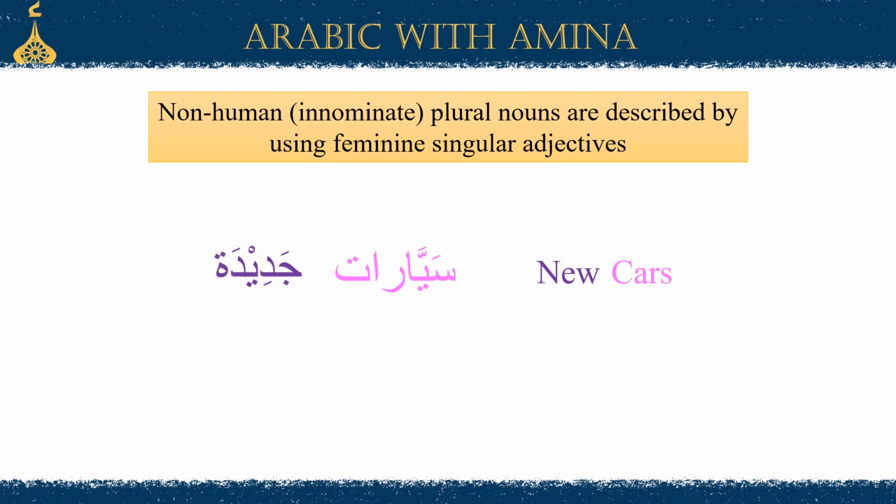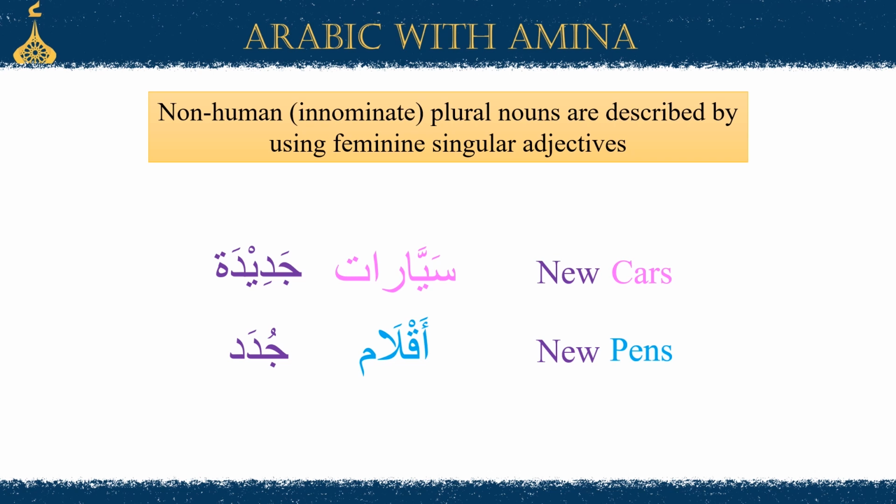Let's do another example just to make sure we've got this. We have pens, which are aqlam. And we're not going to change our adjective. We're going to say the same thing. New pens. Initially, if it were to follow the noun in its pluralness, it would be aqlamun judad.